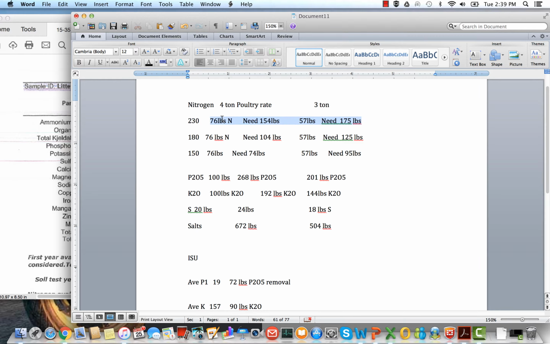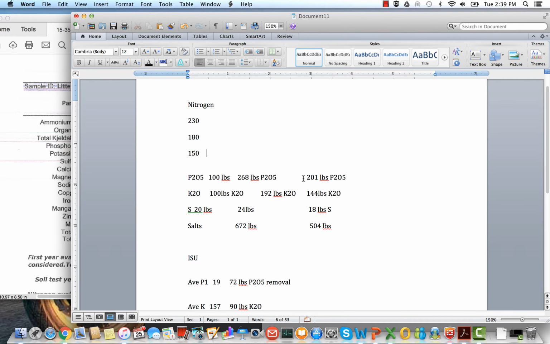Let's do one more. So we've got feedlot manure here. Let's take a look at that. And we've still got the same theories, right? The fertility needs of the crop don't ever really change. What you're going to do to meet those needs is what changes the most.